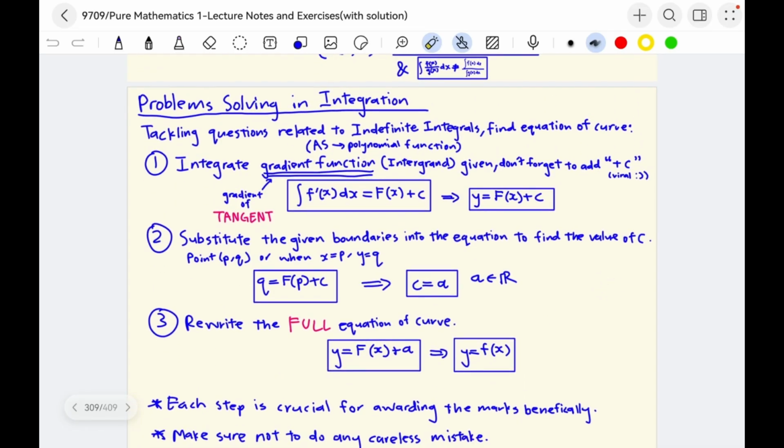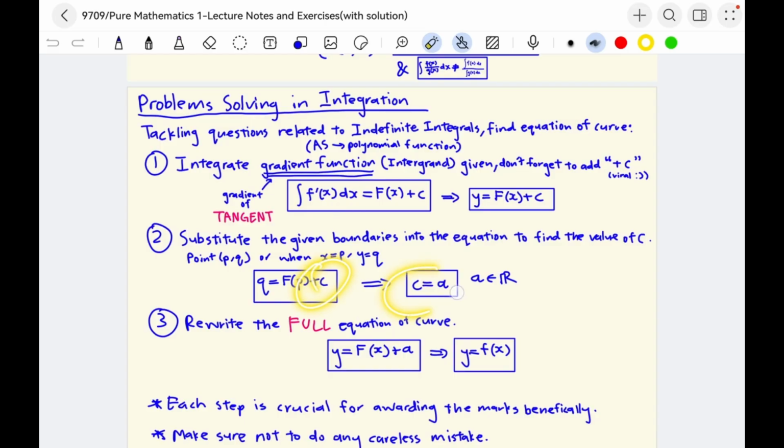Okay, third, how to get the original equation, as I have taught you before, during our partial discussion just now. So first, integrate the gradient function, yeah, dy dx, right? Or the f prime x. Second, after integrating, what should you do? Plus c.